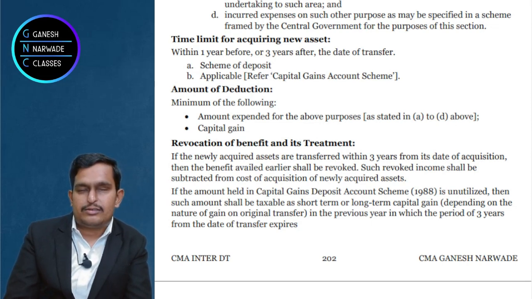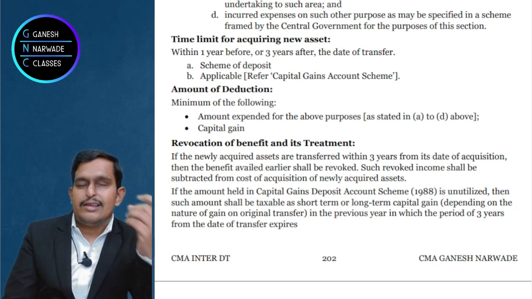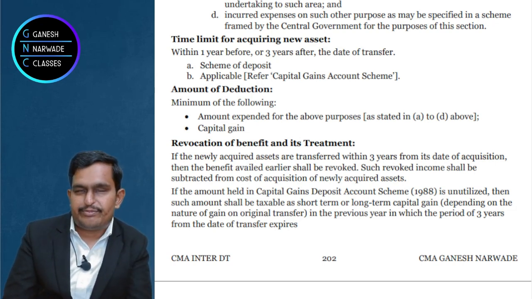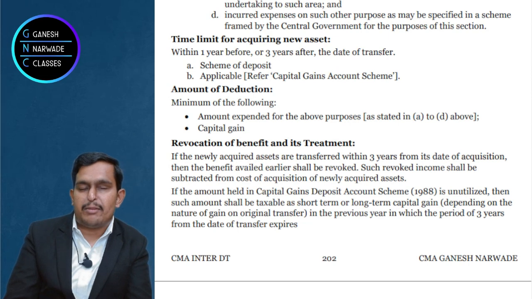On 1st January 2026, that means the expiry of the 3 years period, that means previous year 25-26, the amount kept in the capital gain scheme will become taxable. Okay, this you should remember.